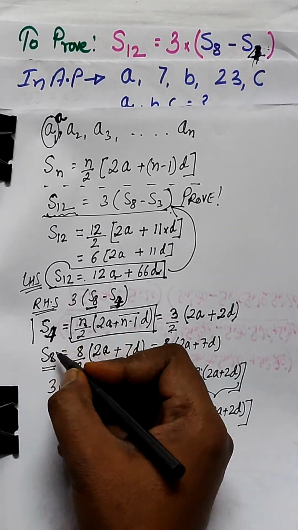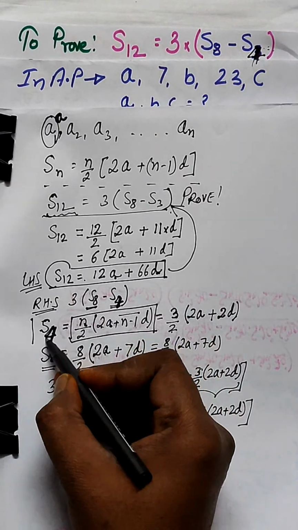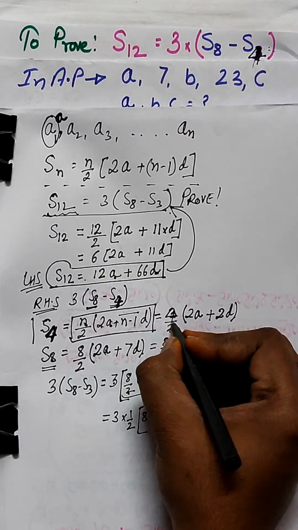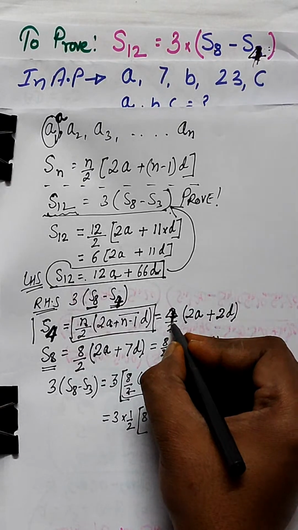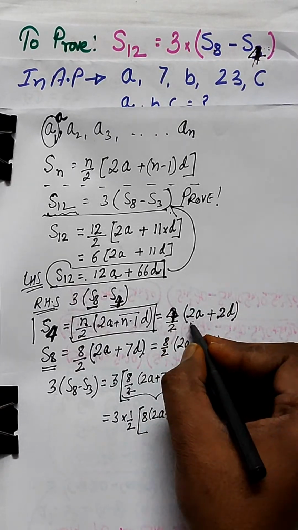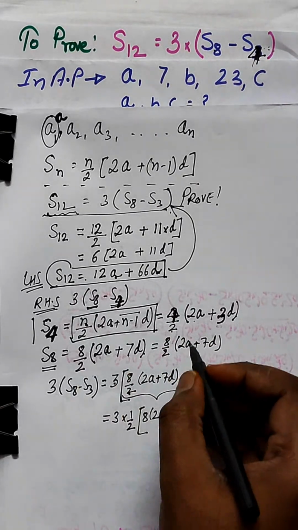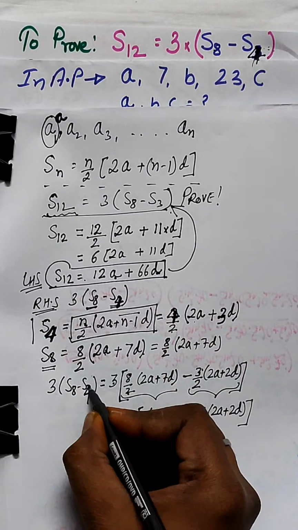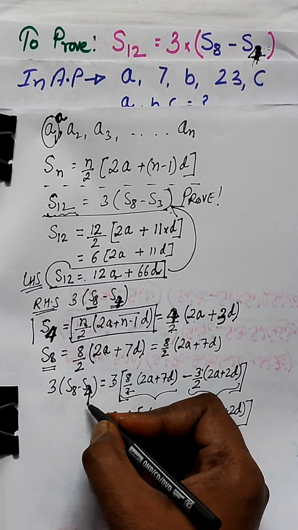When you correct it, you get the exact concept behind it, right? If this is S4, it will be 4 by 2 into 2a plus (4 minus 1), this will be 3d, right? So for S8 minus S4, instead of S3 it will come as S4.